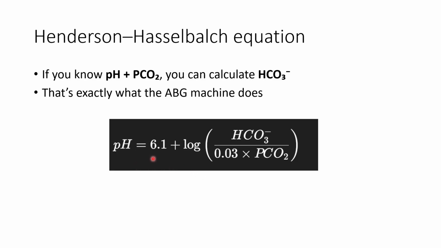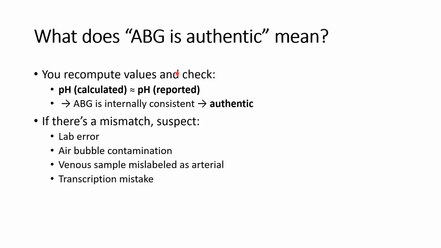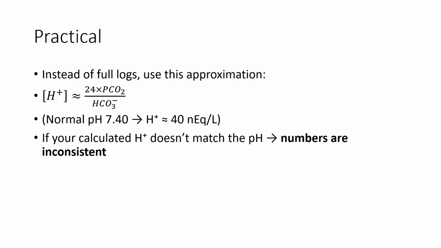The pH is equal to 6.1 plus log of bicarb by 0.03 into PCO2. You check whether the ABG is authentic by calculating the pH, and if it is equal to the pH reported, then the ABG is internally consistent. If there is a mismatch, it can be due to some lab error, some air bubble contamination, a venous sample mislabeled as arterial, or some transcription mistake.